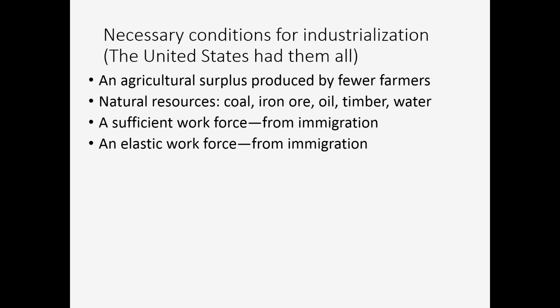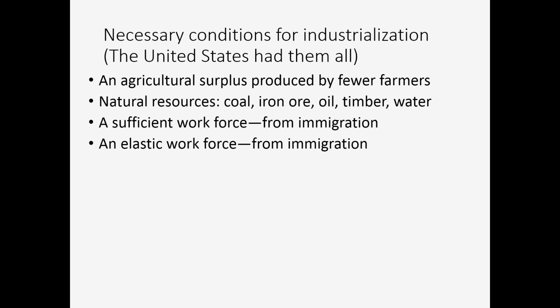And the reason for this is that their labor was extremely valuable. Now, along with this immigrant labor, however, this workforce was elastic. That means it could grow or shrink. So if times were bad, if there was a lot of unemployment, as there was, for example, during the economic depressions beginning in 1873 and 1893, then some of these immigrants would go back to their own countries.